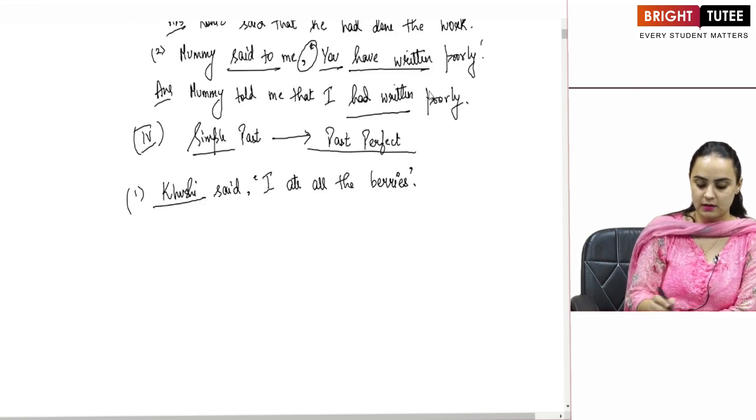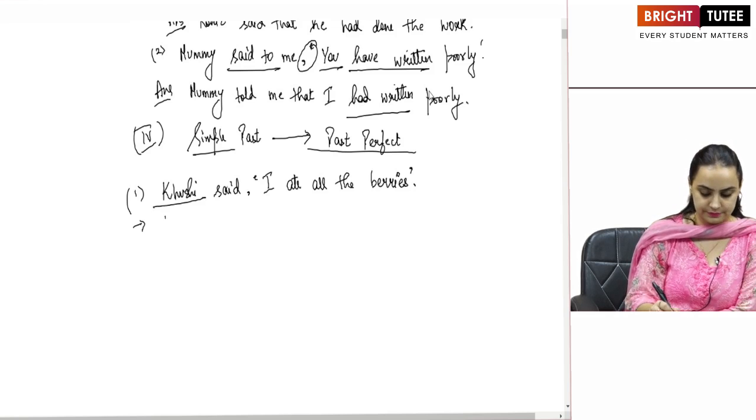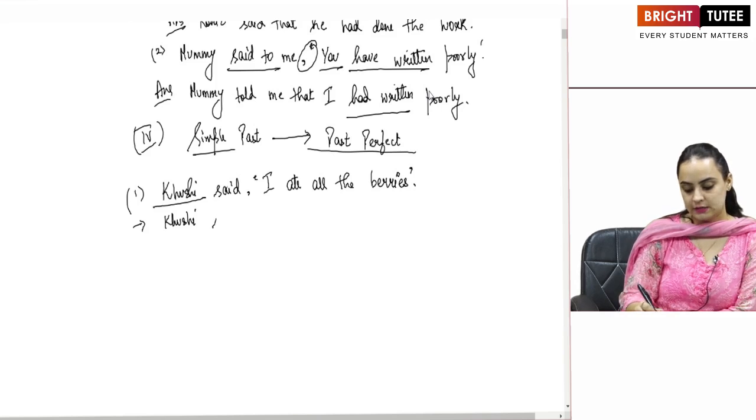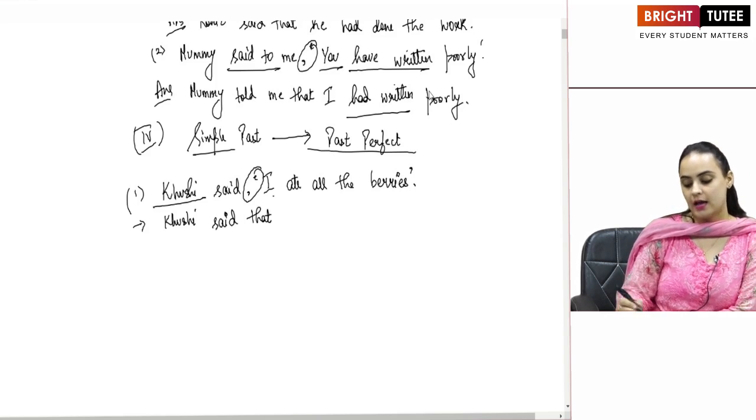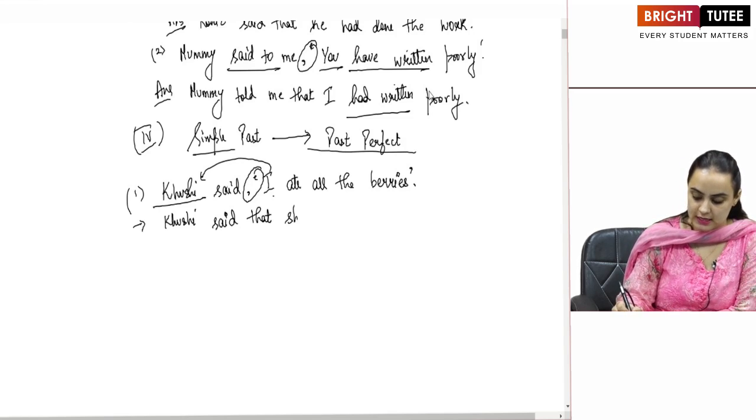Who is my speaker? Khushi. So, she remains as it is. Said remains as it is since there is no listener in the sentence. We remove the comma, we put that. I has been used for Khushi, who is a girl, so she.